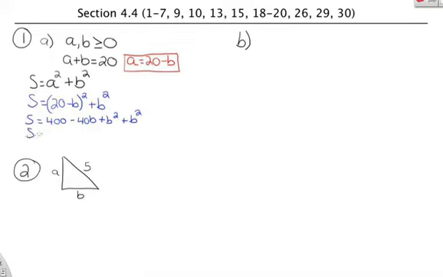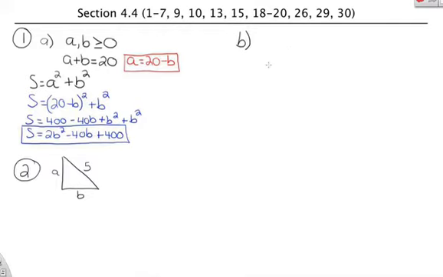So S equals, put in the right order, 2B squared minus 40B plus 400. And now I have an equation that they want me to maximize and minimize. So when I come back and do the rest of this problem, I'm just going to find my critical values and figure out which ones are maxes and mins for this equation.